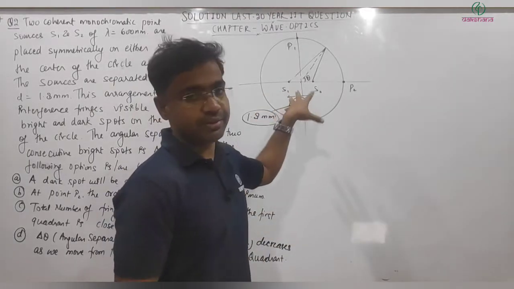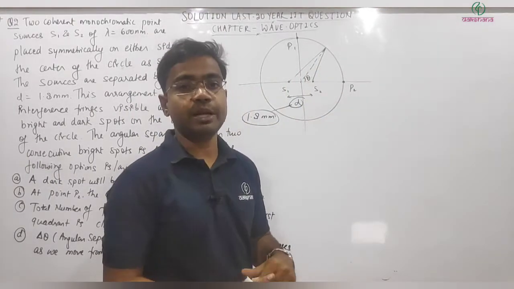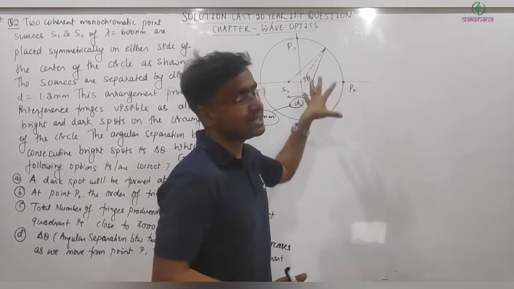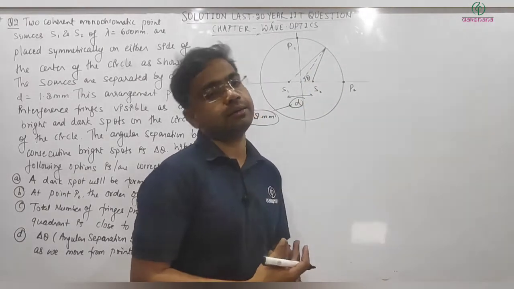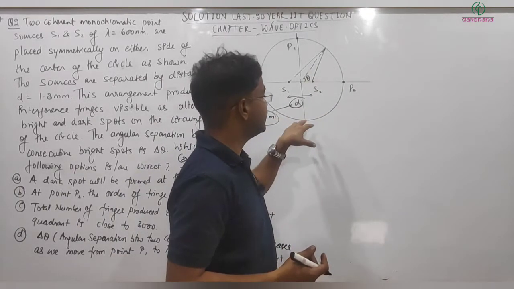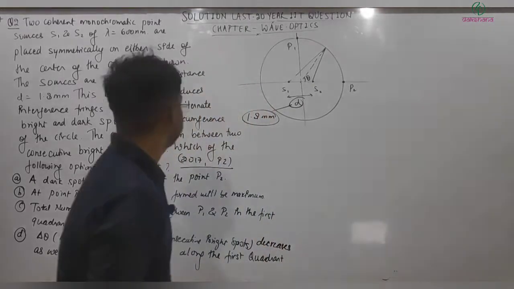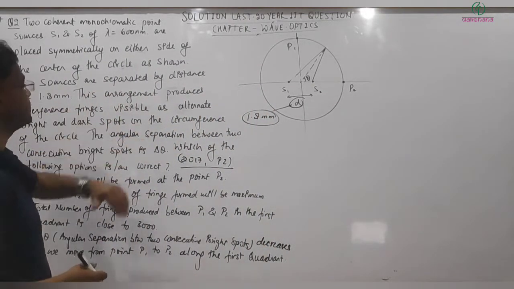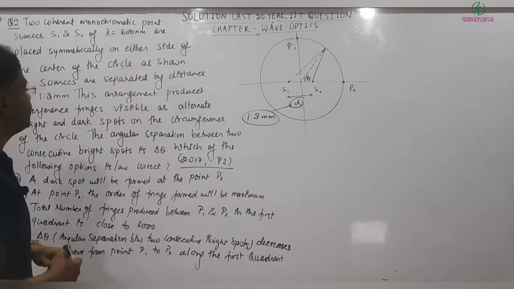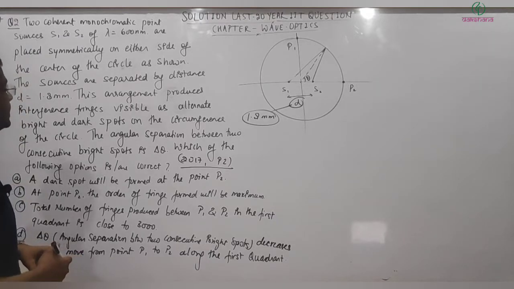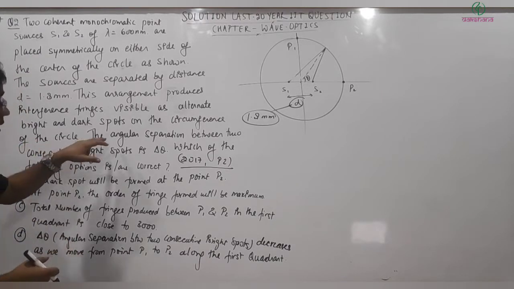So we are very well familiar, and you must even remember that this is one of the setups where YDSE can be observed on the circumference of this circle. So this arrangement produces interference fringes visible as alternate bright and dark spots on the circumference of the circle.